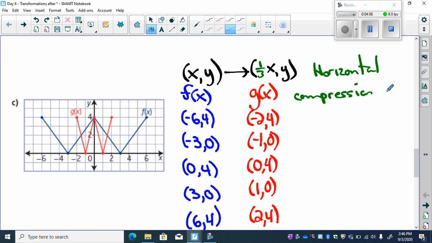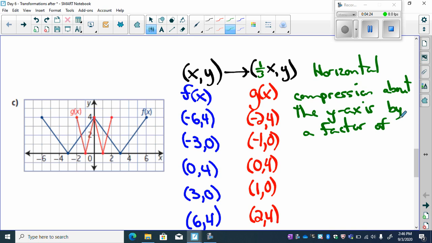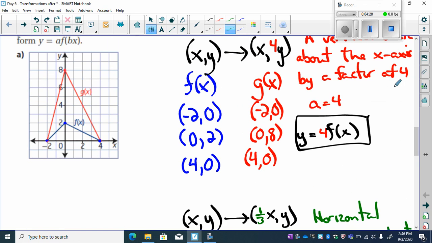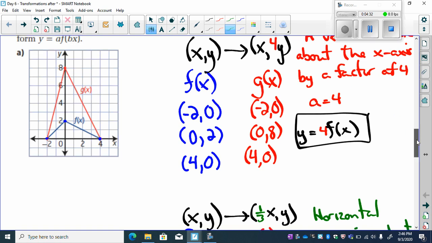Horizontal compression about the y-axis. Remember, horizontal reflection and horizontal stretch are about the y-axis, and it's by a factor of 1/3.